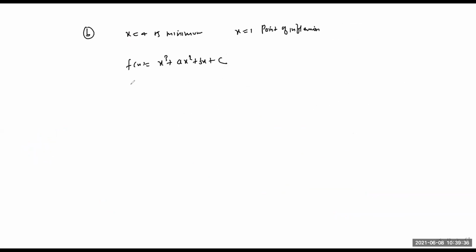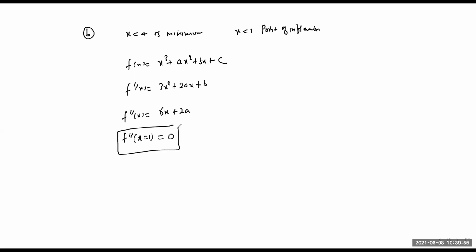Come on. Now differentiate the first time. What will we get? 3x² + 2ax + b. And differentiate once again: 6x + 2a. Now at x equals 1, the point of inflection, the second derivative is 0. And if the second derivative is 0, what can we say?